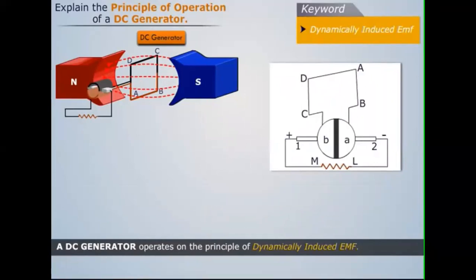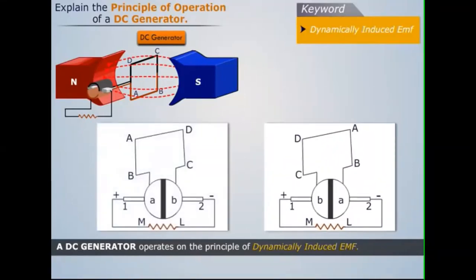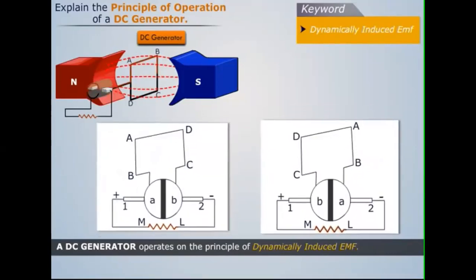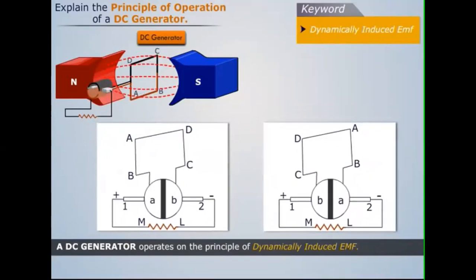We also see that the position of the brushes is so arranged that the changeover of segments A and B from one brush to the other takes place when the plane of the rotating coil is perpendicular to the plane of magnetic flux, when the EMF induced in the coil is 0.